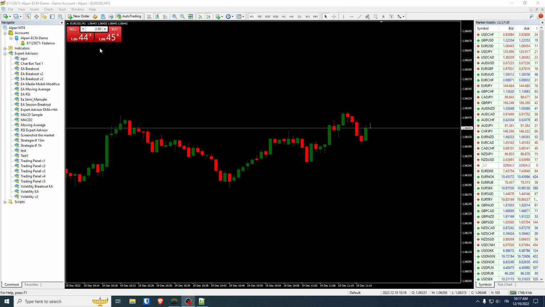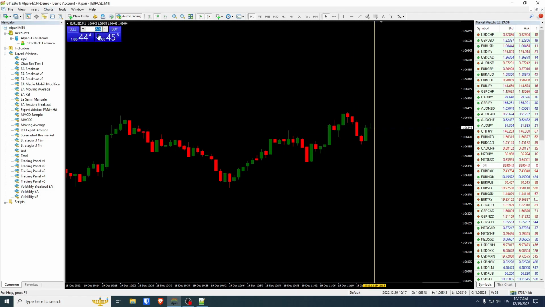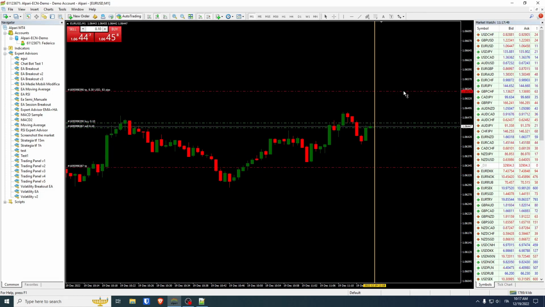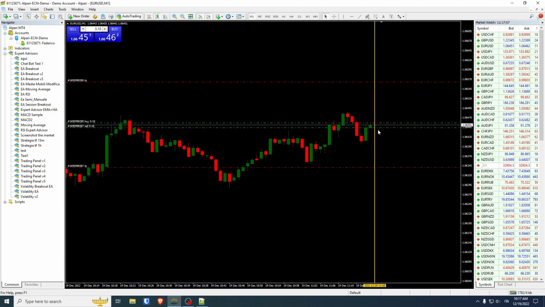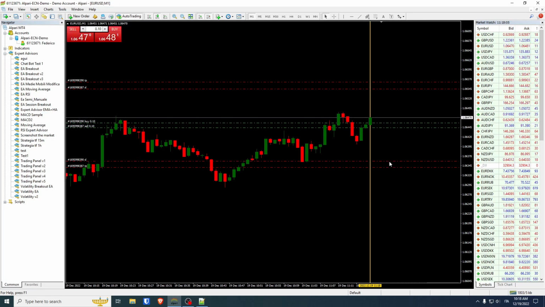For example, let's say that we have a news right here. I want to go 0.1 lots, sell, buy, bam, stop loss 10 pips. No, this is the TP. Sell, you have to drag it the other way, like this. And buy, so that, yes, okay.